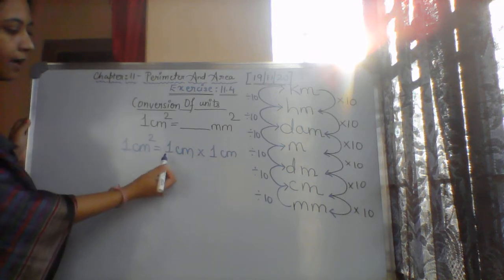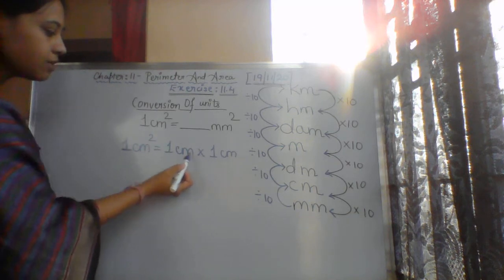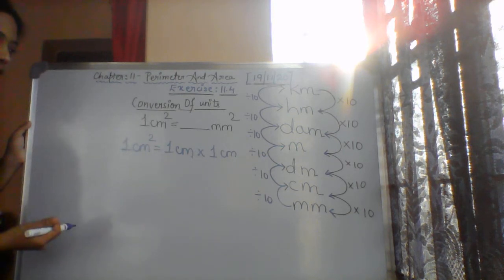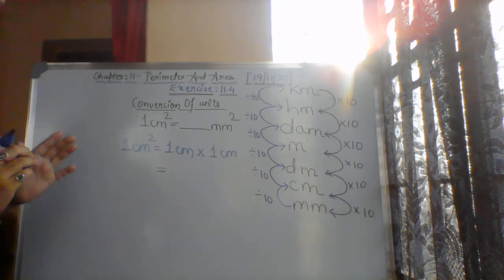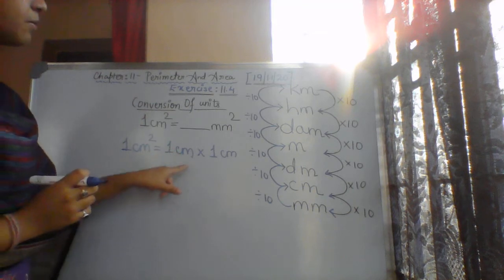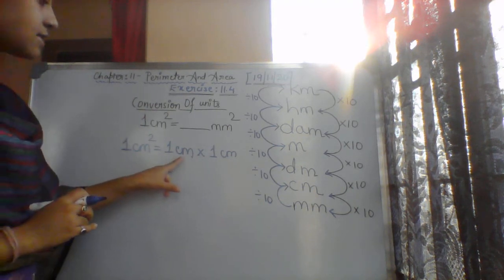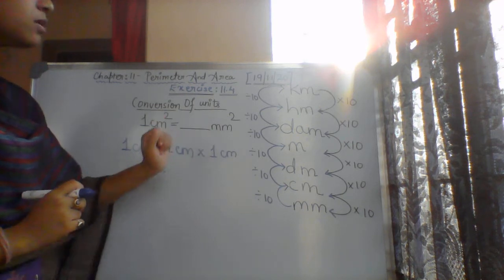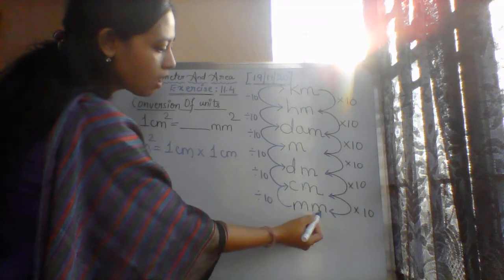You just multiply 1 into 1, 1 centimeter into centimeter, centimeter square. Yes, we can write. Now, what do I need to convert into? Millimeter square. So each centimeter I will now convert into millimeter. So 1 centimeter equals to how much millimeter?